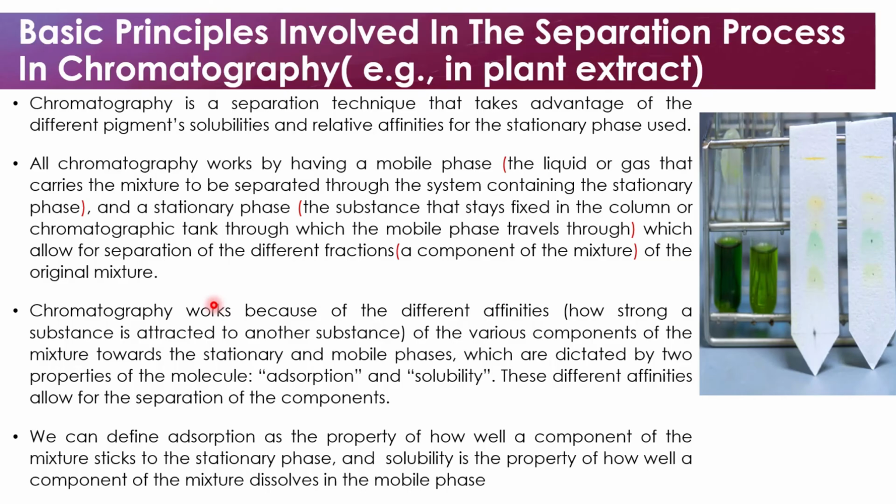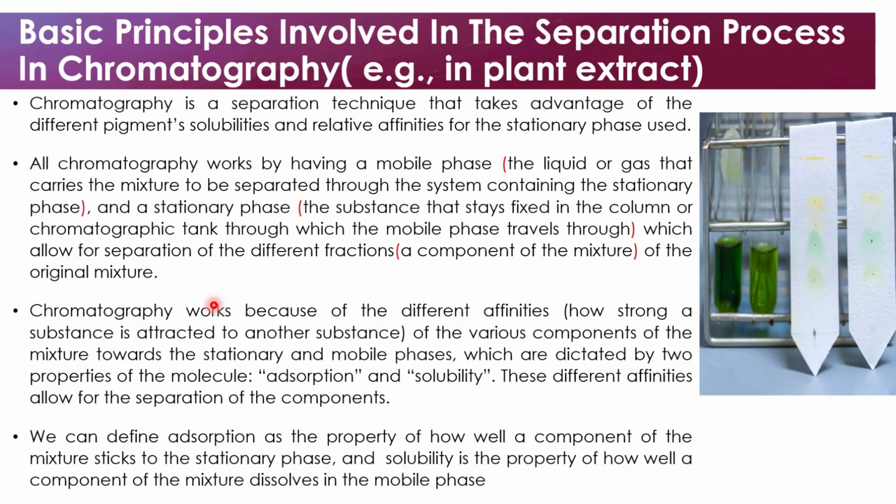Again, chromatography works because of the different affinities. This is how strongly a substance is attracted to another substance, of the various components of the mixture towards the stationary and the mobile phases, which are dictated by two properties of the molecules. One, adsorption, and two, solubility.